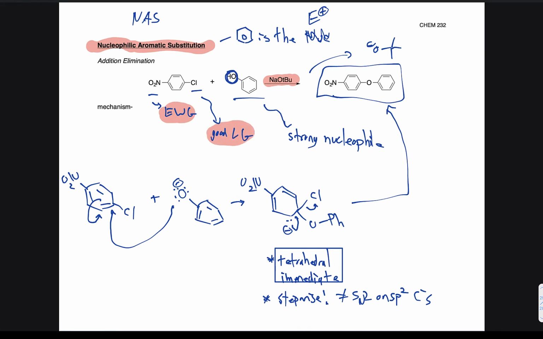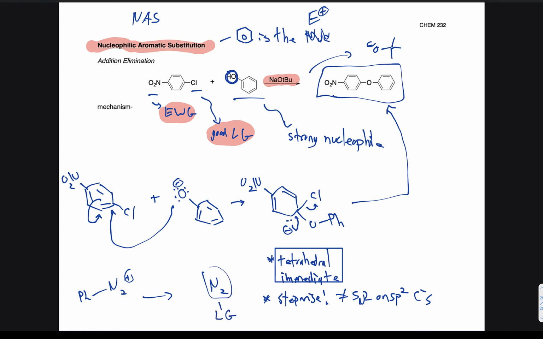Okay, this is kind of similar to that Sandmeyer reaction, where we had N2 plus here as our leaving group, because when we do that reaction, we add something to that, we end up losing N2 as our leaving group.